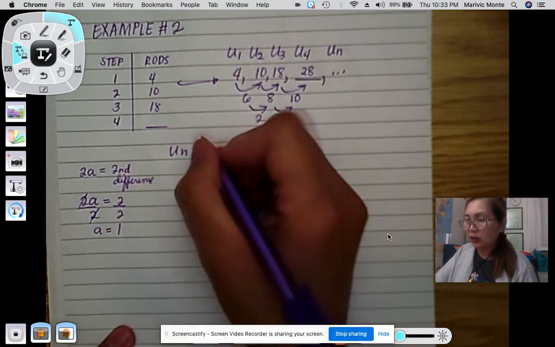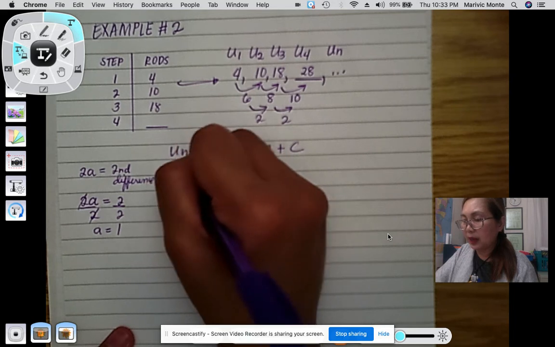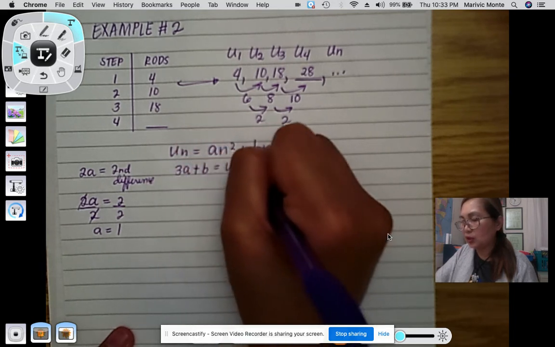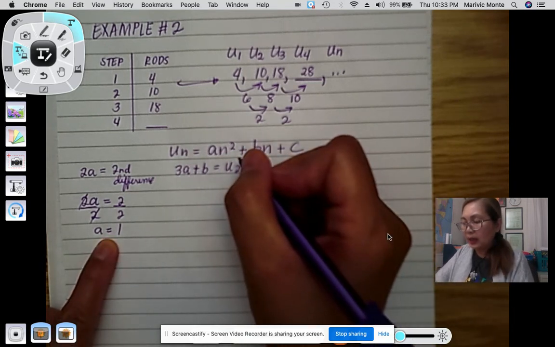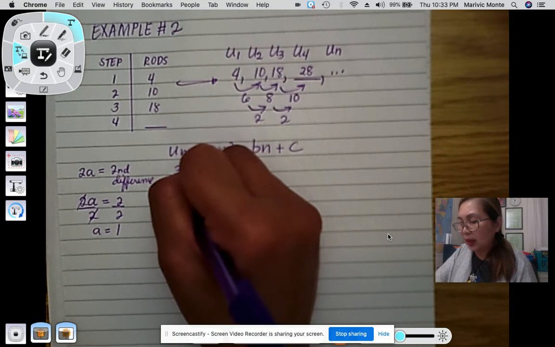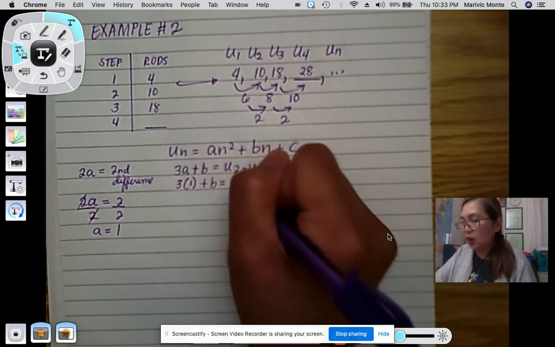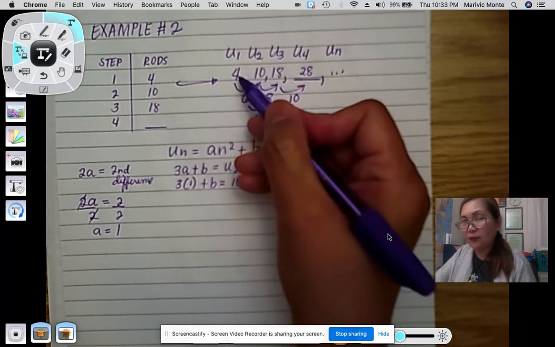Our second equation, you remember from our previous example, is 3a plus b equals u of 2 minus u of 1. Substituting the value of a into this equation, we have 3 times 1 plus b, u of 2 in this case is 10, minus u of 1 is 4.